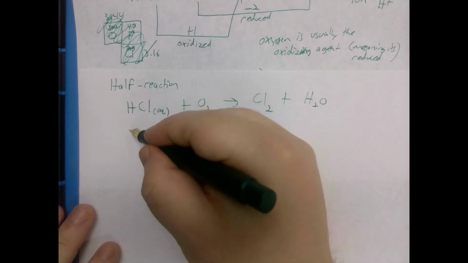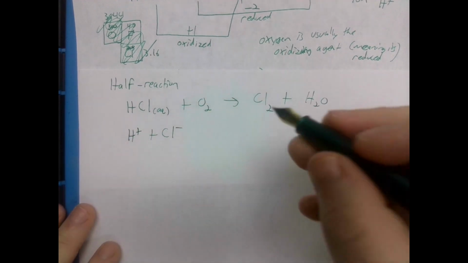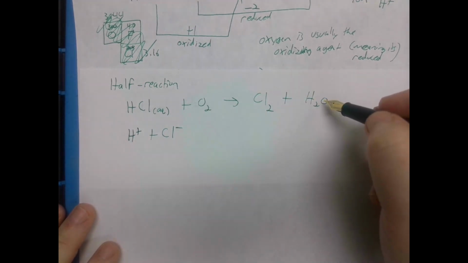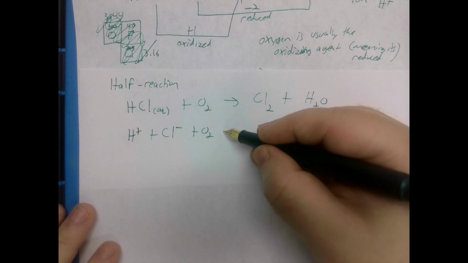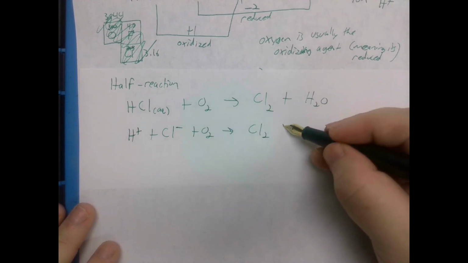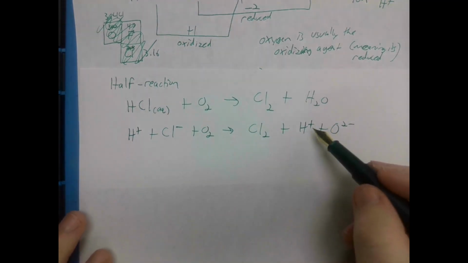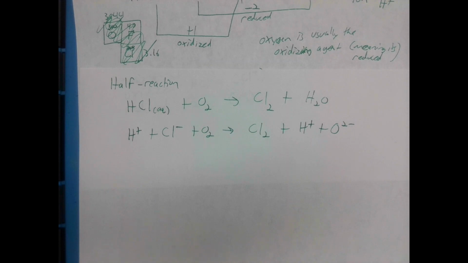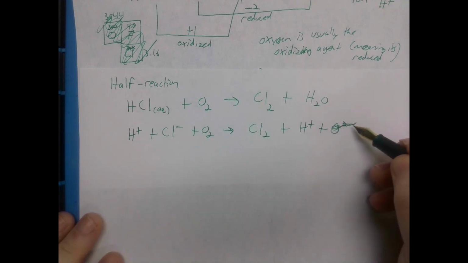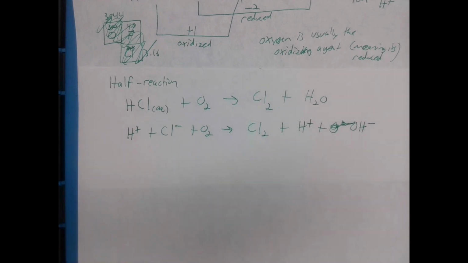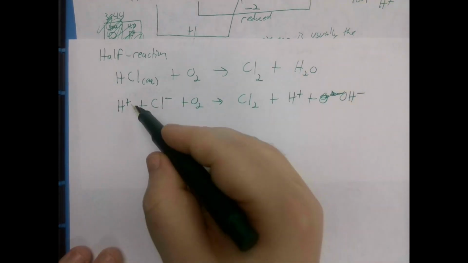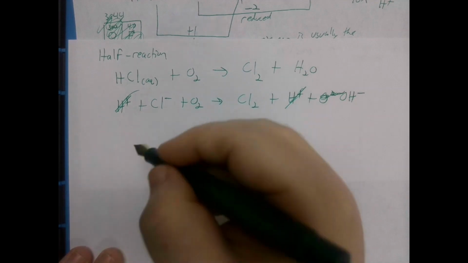What's the best way of doing it? This would be H plus chlorine negative. In this scenario, you have to treat water as being ionic. But I don't like that. Usually you don't do this. I was trying to simplify H plus. For the half reaction regardless, you can now remove the spectator ions.